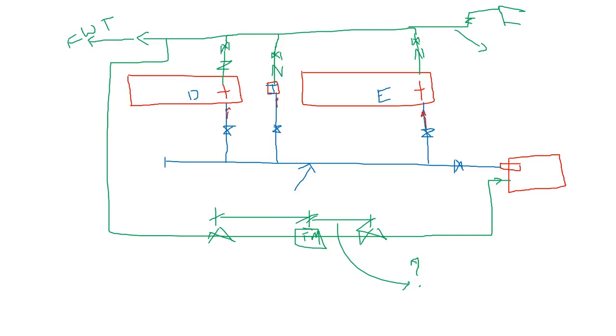So the test line also we have taken, and apart from that we will consider the overpressure relief line for this diesel tank. I will take some other color now, maybe red would be better I believe. Yeah, so we'll consider the overpressure relief line, and this one also will go to the tank, or we can drain this to some other location. So this can be returned to the tank.